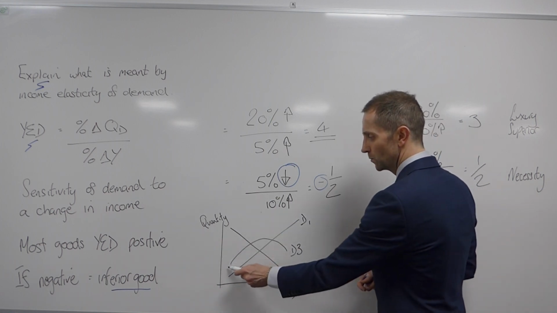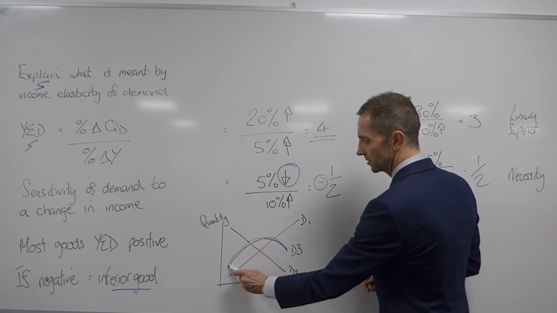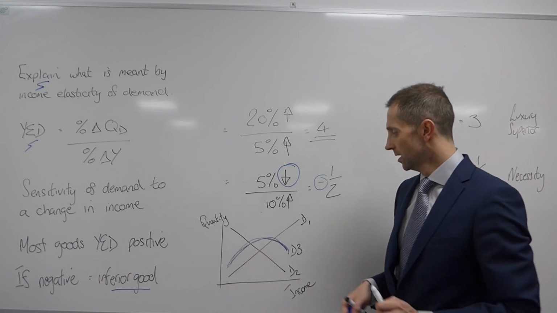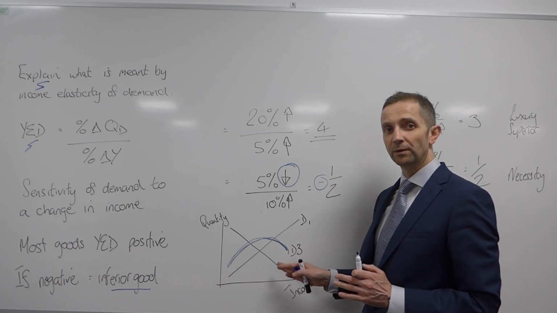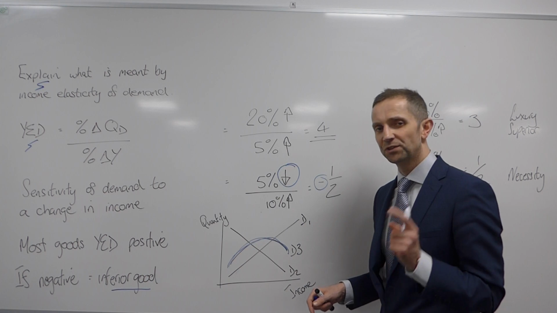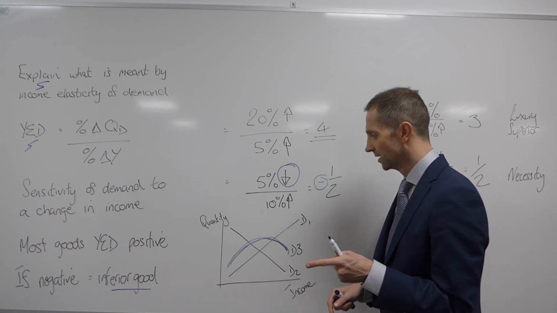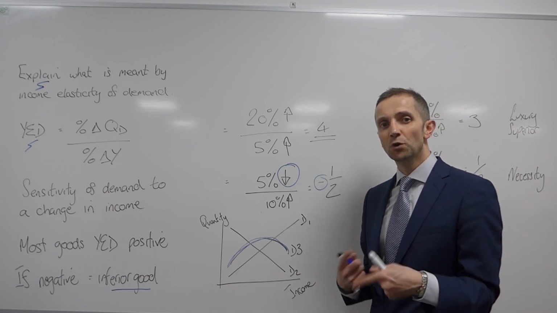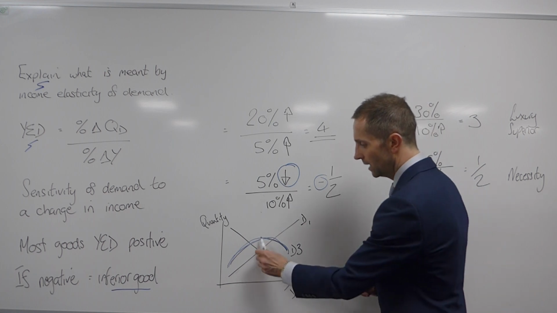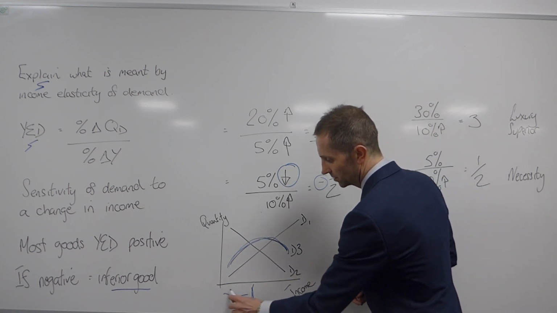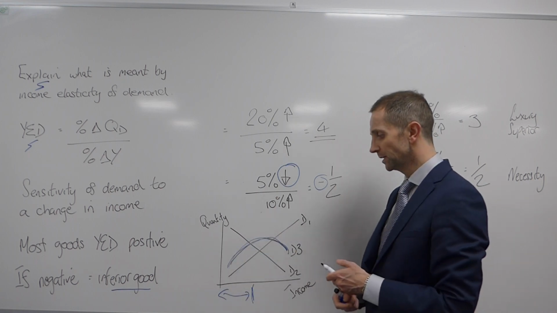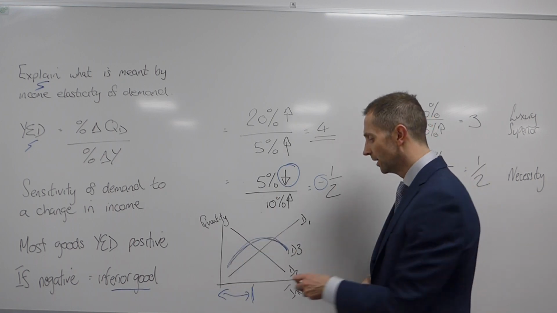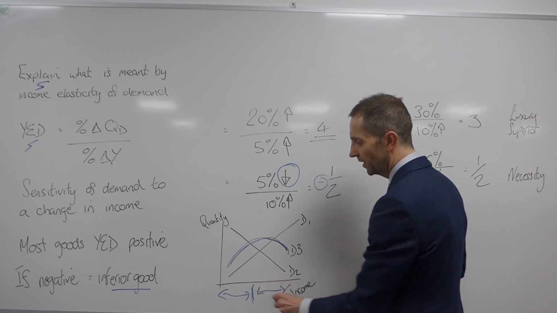And then an interesting one here, this bow-shaped curve. This one is D3, and this signifies that for some goods, you'll find they have a normal relationship at lower income levels. So down here, as income rises, the quantity demanded is also increasing, but then at higher levels, they become more inferior.